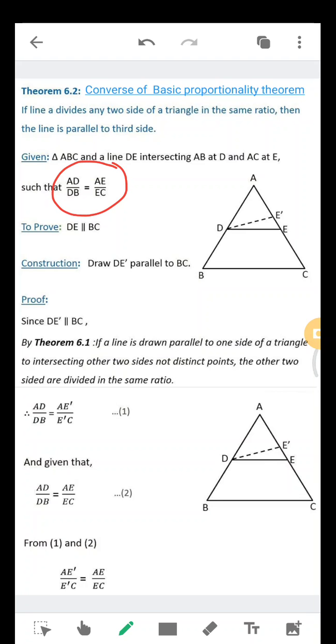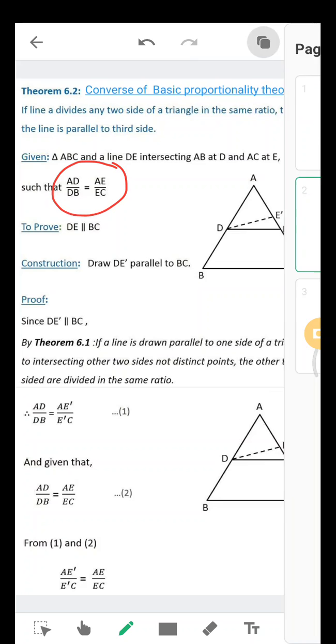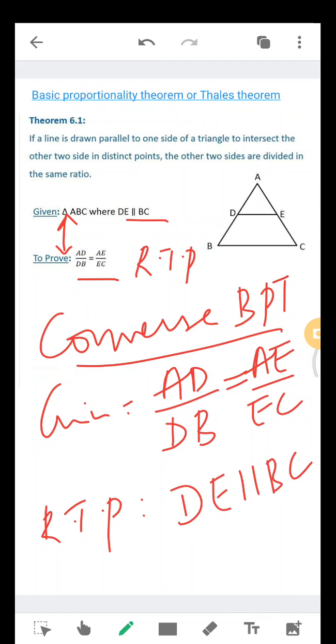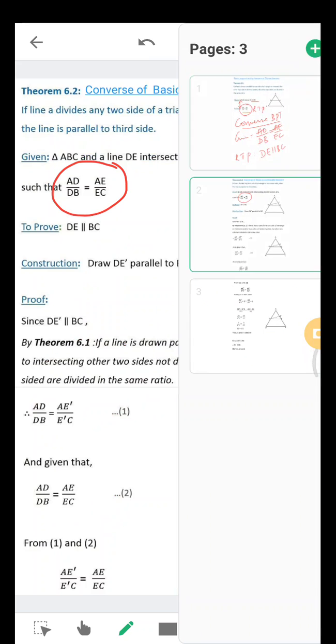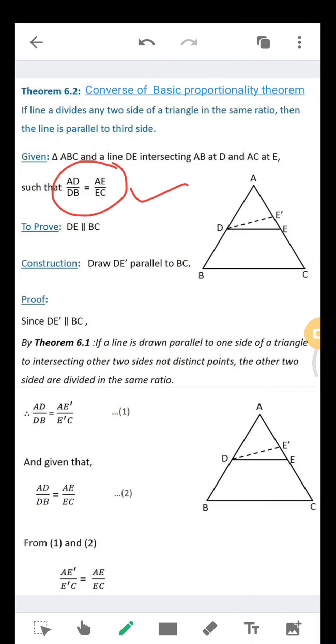You can take a triangle ABC and a line DE intersecting AB at D and AC at E. So we have taken the figure. How is it intersecting? Such that AD by DB is equal to AE by EC. Now you can see what was our RTP in the Thales theorem is given here, AD by DB is equal to AE by EC is given, and what was given is our RTP.